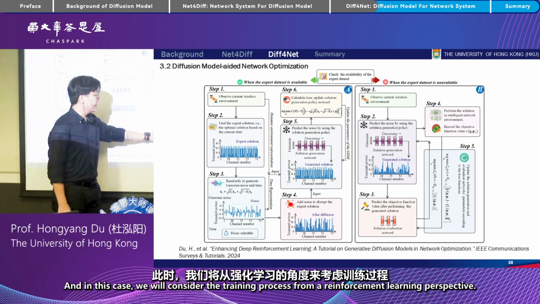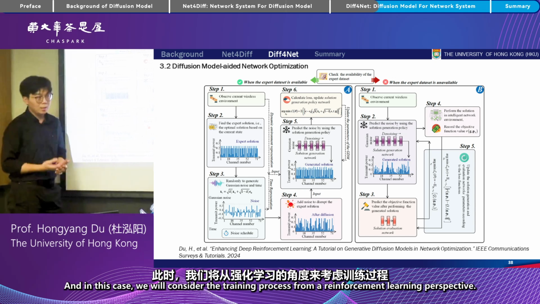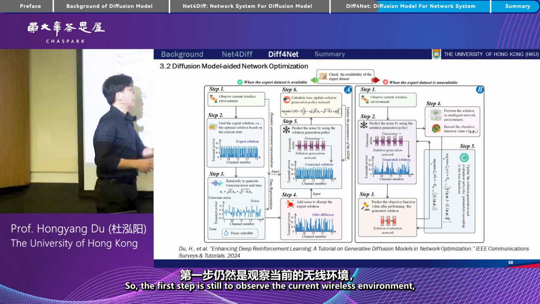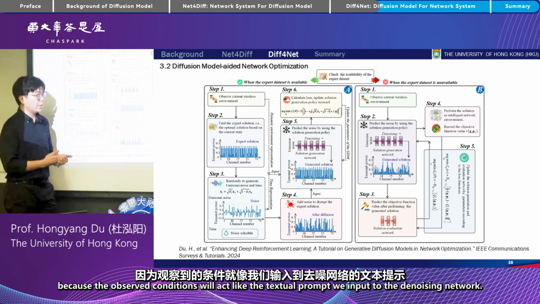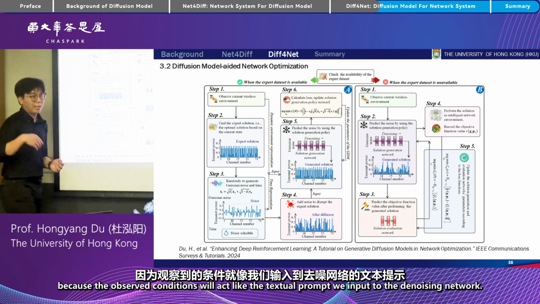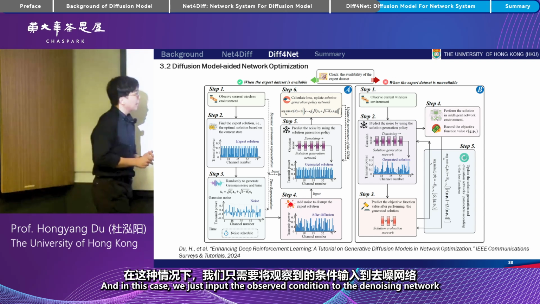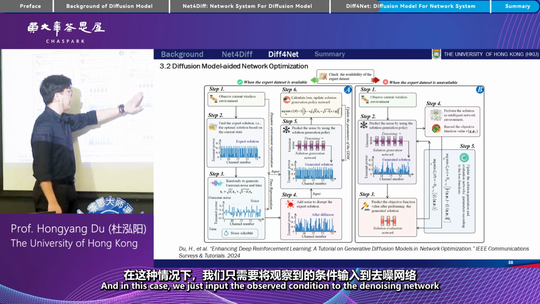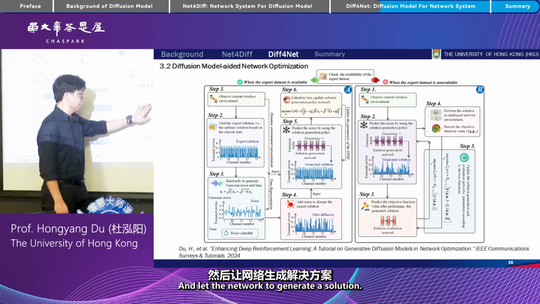And in this case, we will consider the training process from a reinforcement learning perspective. So the first step is still to observe the current wireless environment, because the observed conditions will act like the textual prompt we input to the denoising network. And in this case, we just input the observed condition to the denoising network and let the network generate a solution.